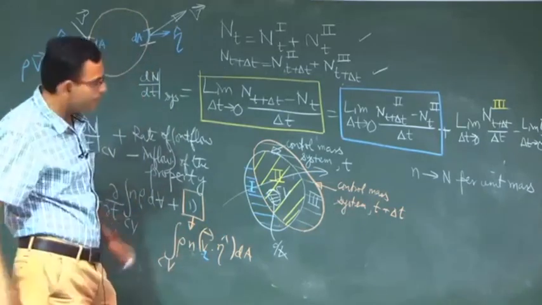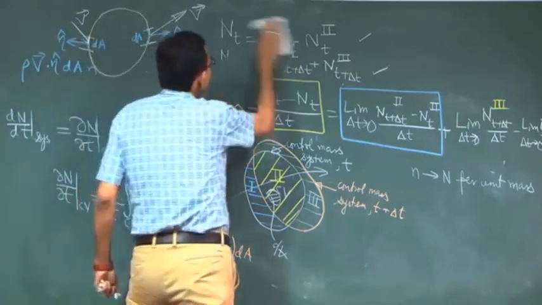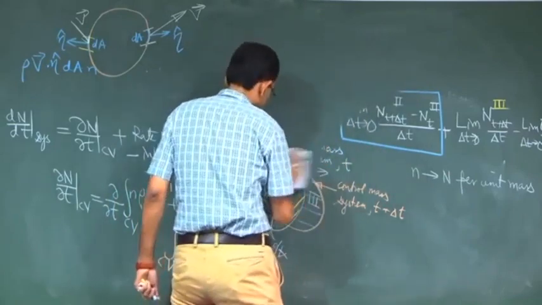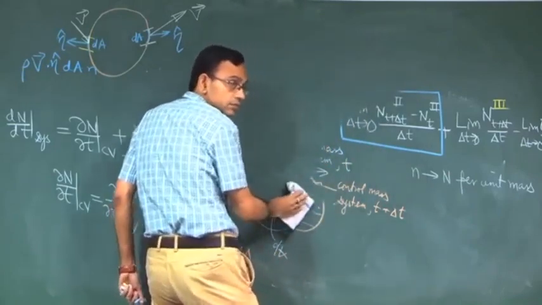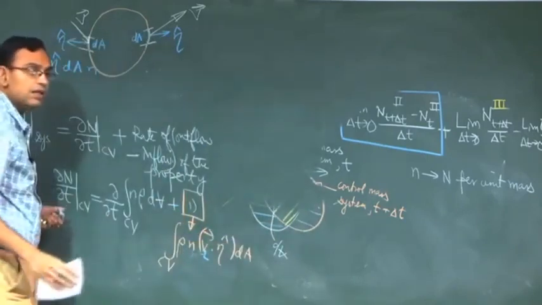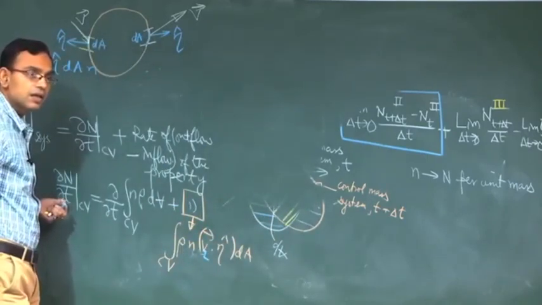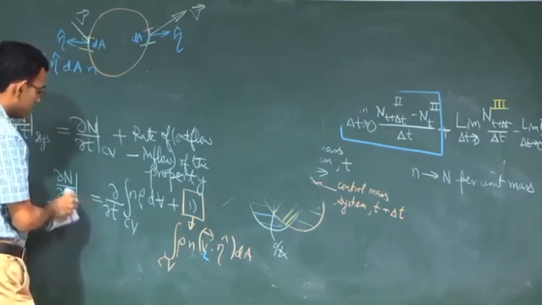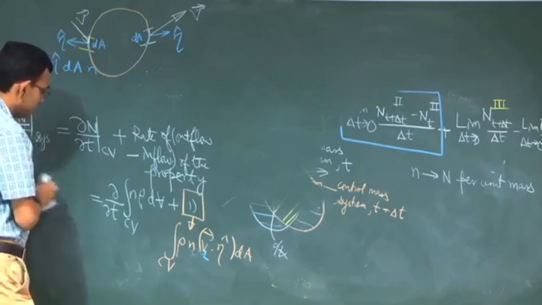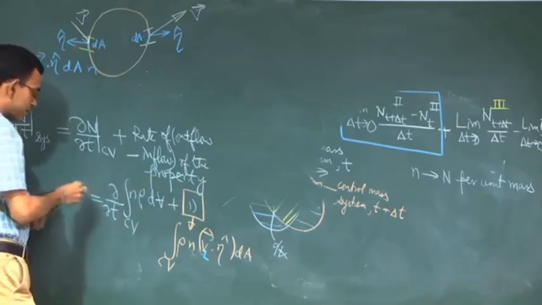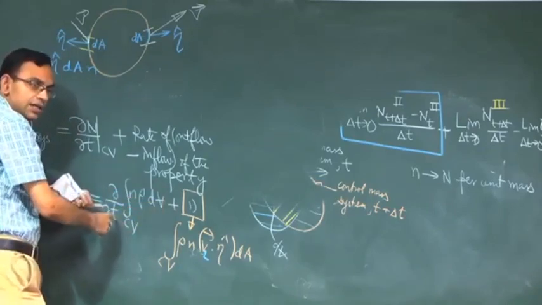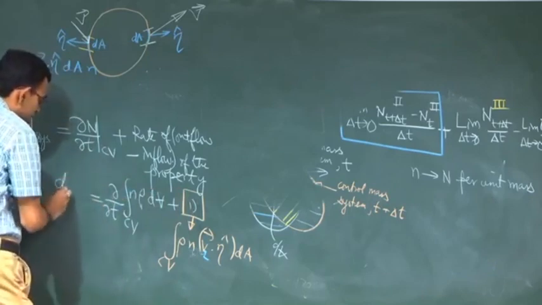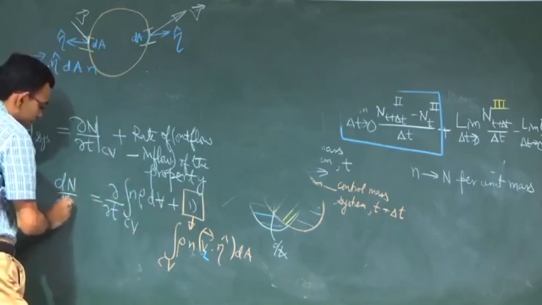So, to sum it up, we can write the final equation. In the left hand side, dn dt of the system. If we write all the terms together, initially I was writing only this term, but when we add these two, this is dn dt of the system.